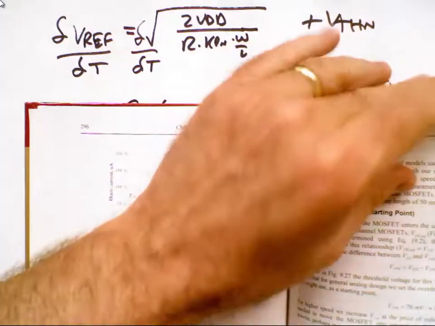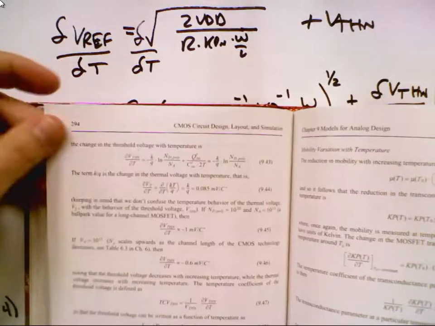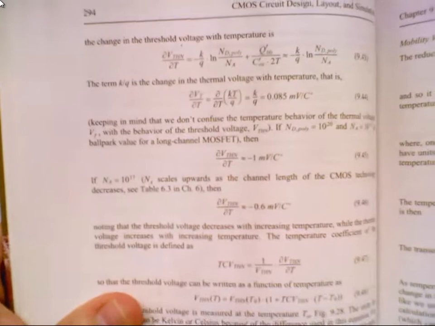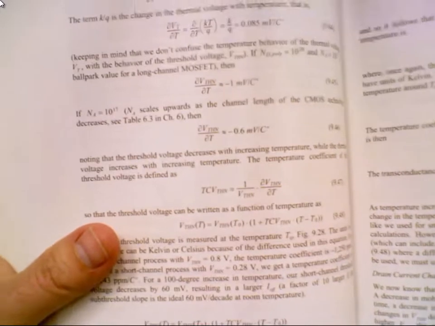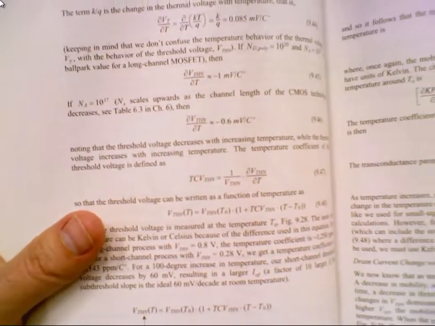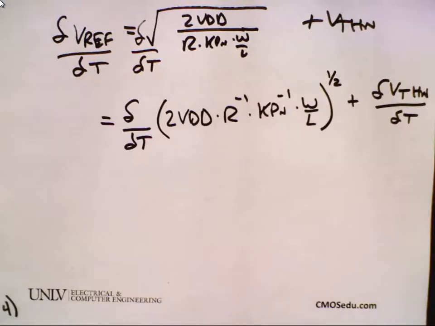It's 295, and right there you see temperature for long channel minus 1 millivolt, short channels like minus 0.6 millivolts, and then to get the temperature coefficient you divide by the threshold voltage value, say 0.8 or whatever, 250 millivolts if it's a short channel. Okay. All right. So let's go through this now and remind me, how do I take the derivative of this?